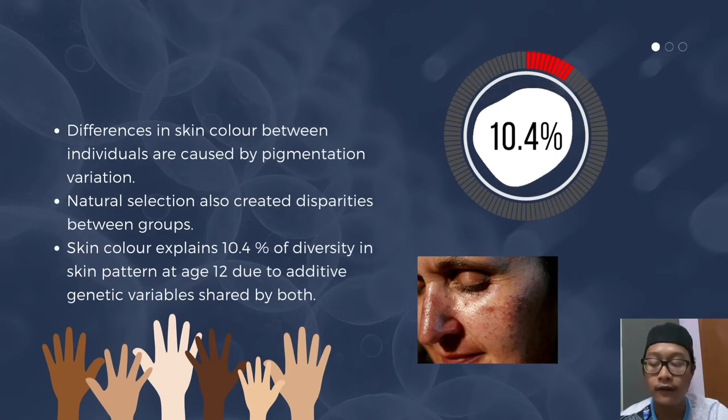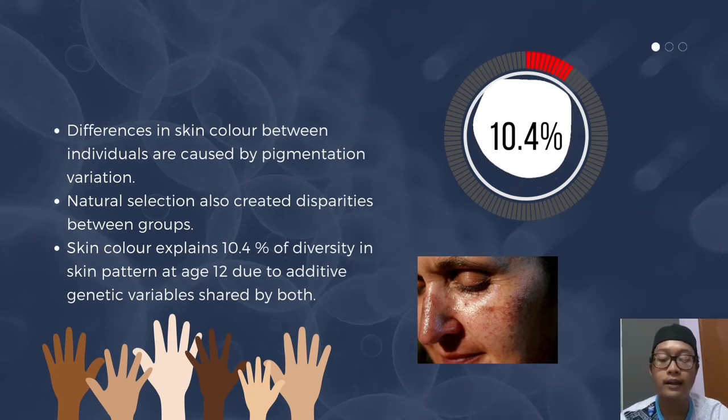This pattern of decreased genetic contributions continues throughout adulthood, with non-additive genetic variables accounting for 62% of variance in a smaller adult sample. Skin color explains 10.4% of diversity in skin pattern at age 12 due to additive genetic variables shared by both.